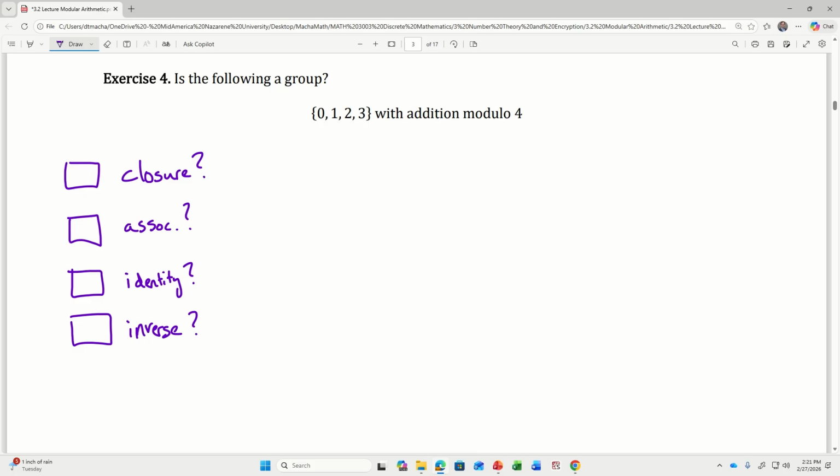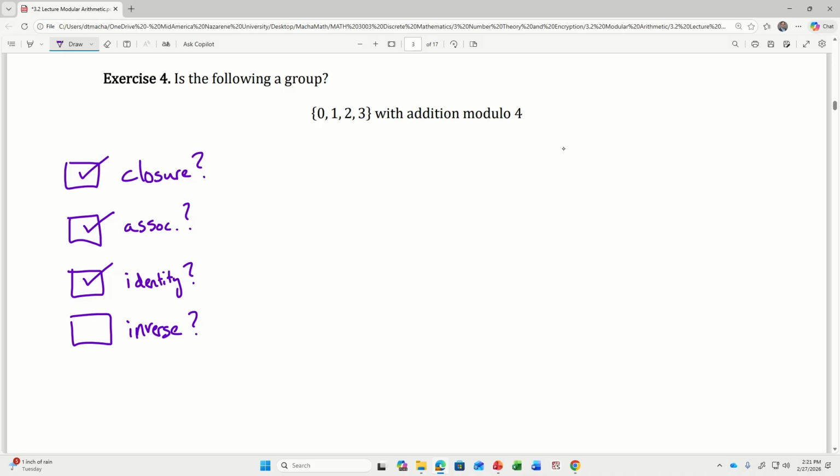Okay, one at a time. Does this have closure? Yes. Does it have associativity? Yes. Does it have an identity element? Yeah. 0 is the additive identity, so anytime I'm adding, 0 will be the identity.